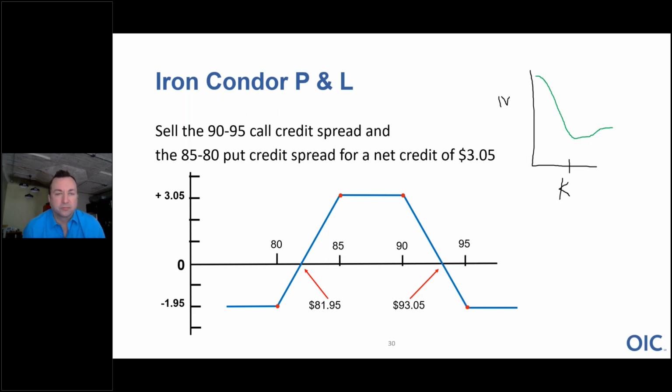People talk about standard deviation in terms of where they should be selling, or where they're looking to pick the strike to sell options.